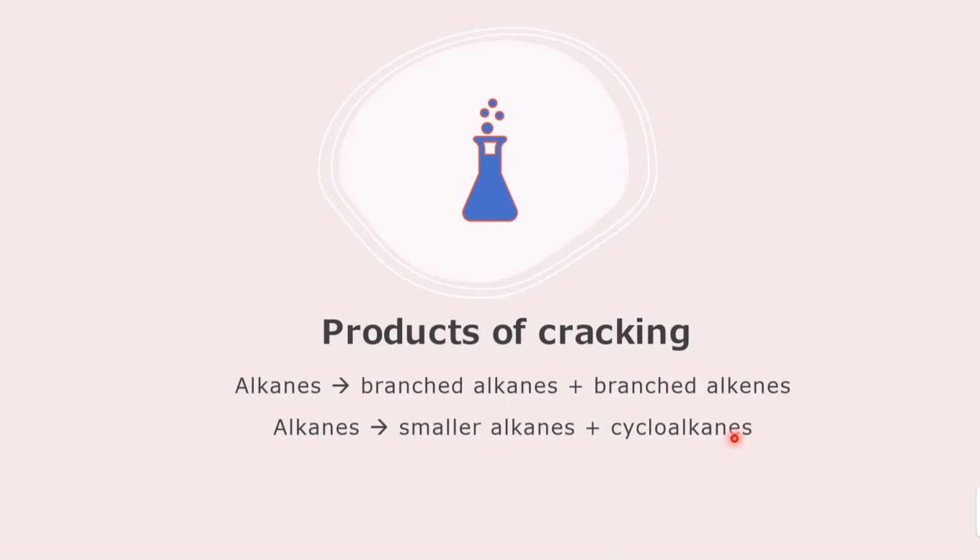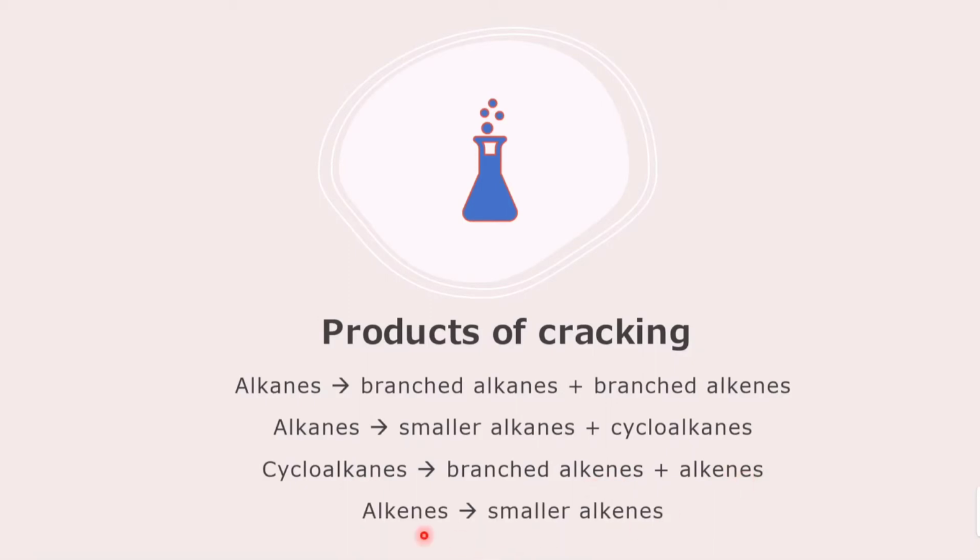And we know that cycloalkanes and alkenes are functional group isomers, meaning they're made of the same atoms but with different structural arrangements. So we know that this can work. And then if we crack cycloalkanes, we can produce branched alkenes and alkenes. And lastly, if we crack alkenes, we will create smaller alkenes.